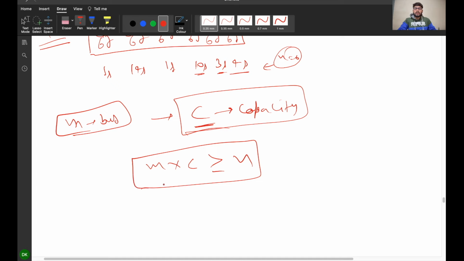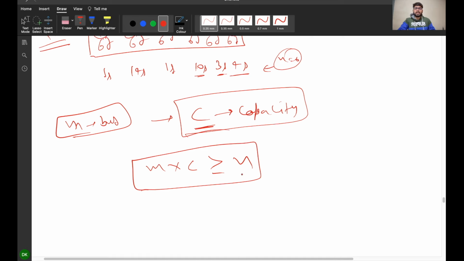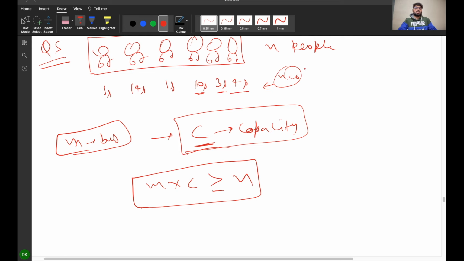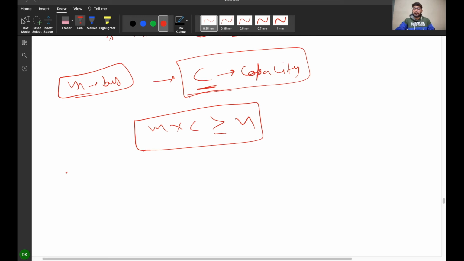That means the availability of seats is always greater than or equal to the number of people. Now what do we have to determine? We have to determine the minimum of the maximum waiting time of a passenger.